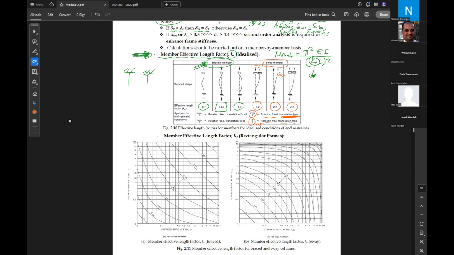This is the KE factor we have in our structure design. So finally, again, KE will be one of the six cases. And the buckling length of the column LE equals KE times L.